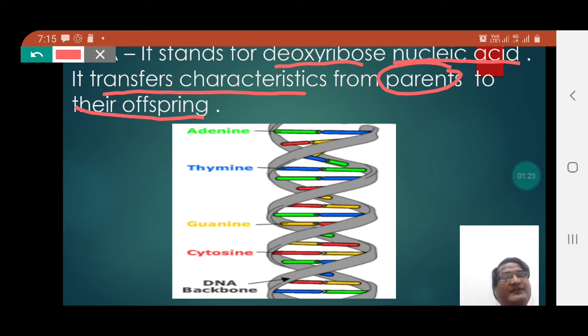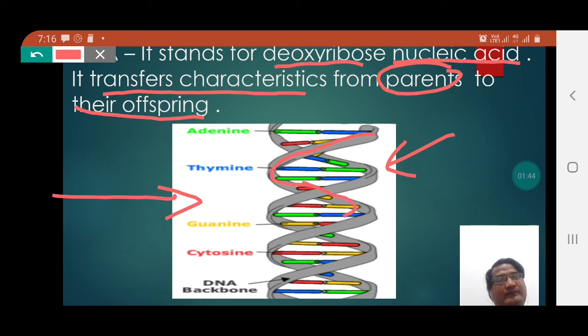Now, students, we can understand the concept of DNA with the help of this picture. Students, this picture is the diagram of DNA. DNA is a double helical structure, so you can notice here the first helix and the second helix.